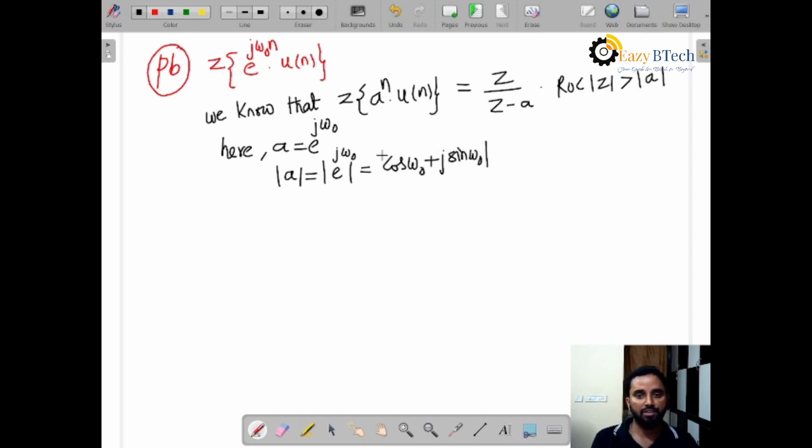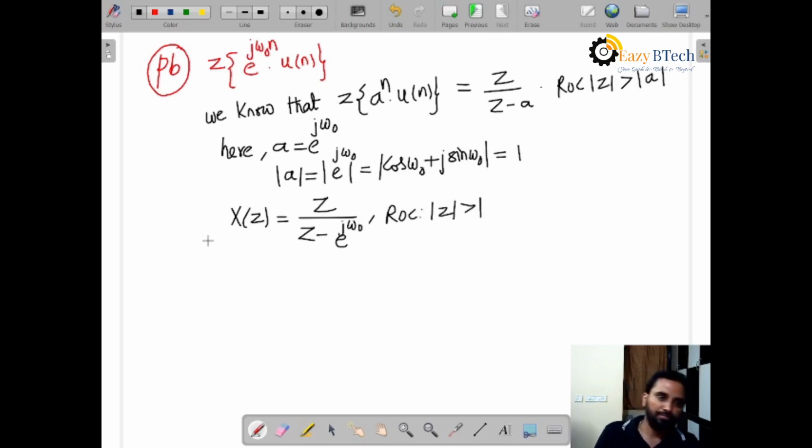Its magnitude is under root of cos square plus sin square, which will be 1. So this is about magnitude of a. Now the Z-transform X of z is equal to z by z minus a, so z by z minus e power j omega naught. This is the simple answer, and ROC is magnitude of z is greater than 1.